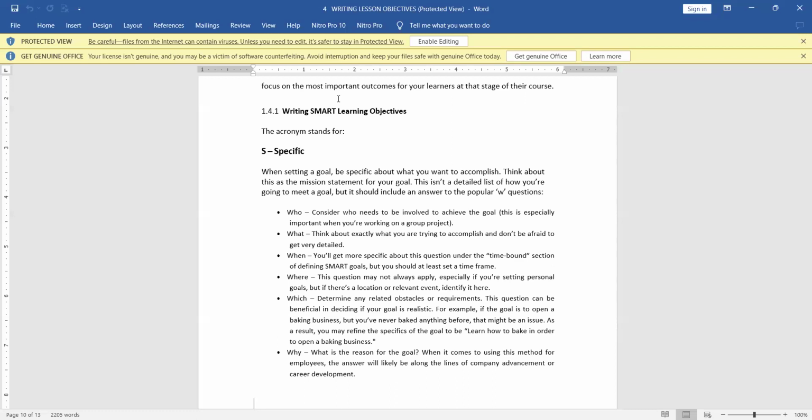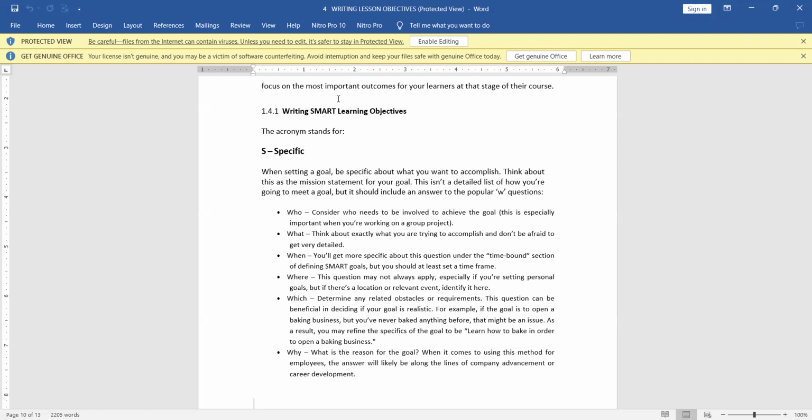Action bound is that I will be able to get a good job, do better in my teaching and all that. R is realistic. To complete your degree, you need at least 3 years. So you can't be a graduate in 1 year, 6 months. So you have to make it realistic.